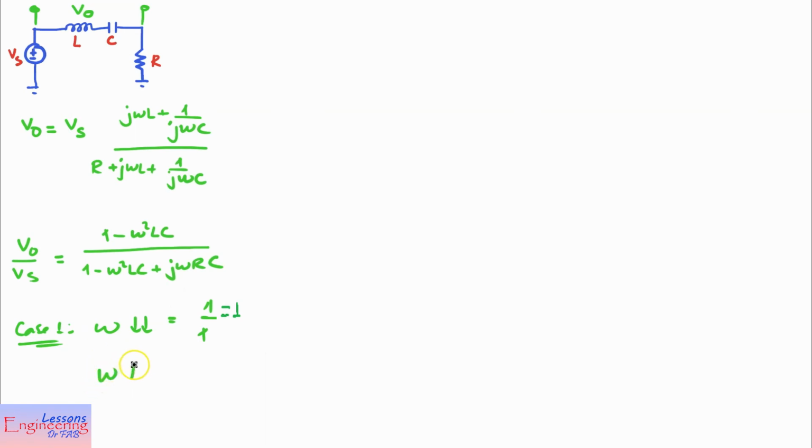Case 2 is for very high omegas. For high omegas, the squared values will dominate. So we'll have 1 minus omega square LC over 1 minus omega square LC, which will approximately be 1.